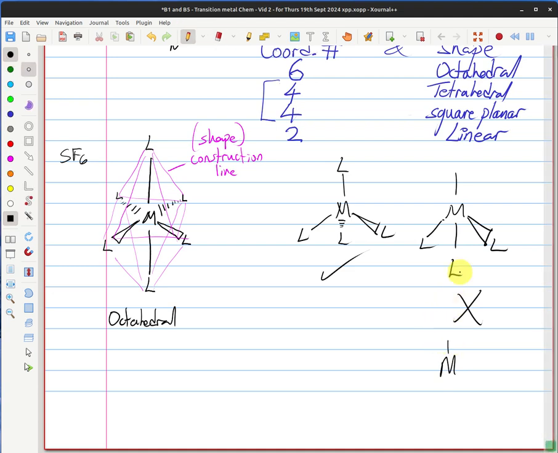I didn't show the ligands at the top. So try not to do this. Stuff like that, you're going to get yourself into trouble with bond angles, right? You're saying that you have these two about 180 degrees apart. That doesn't exist in a tetrahedral shape. Same kind of error is occurring here, right? 180? No, no way.